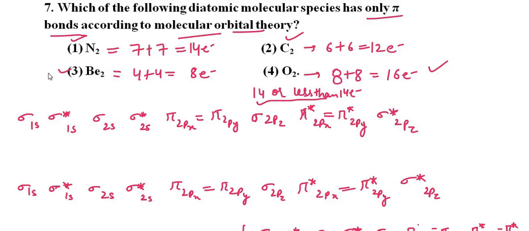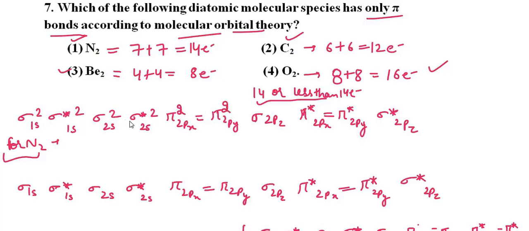Now fill the electrons. Firstly, we discuss the case for nitrogen. When we consider the N2 molecule, we have to fill 14 electrons. Sigma 1s2, sigma star 1s2, sigma 2s2, sigma star 2s2. Firstly, they are singly filled because their energies are equal, but after that, we can pair up the electrons.